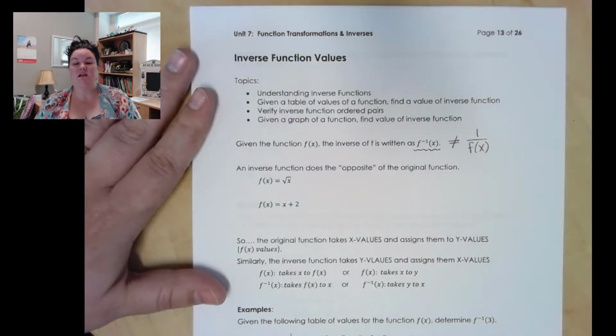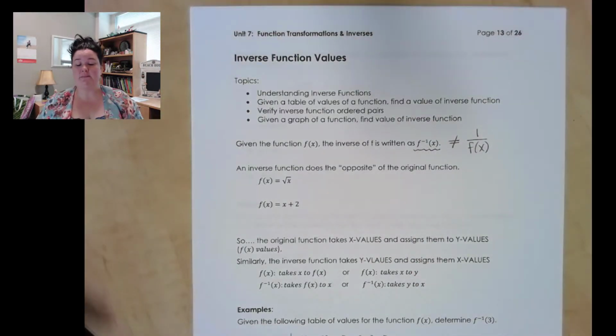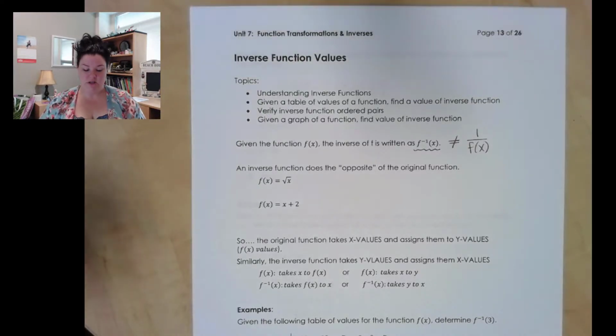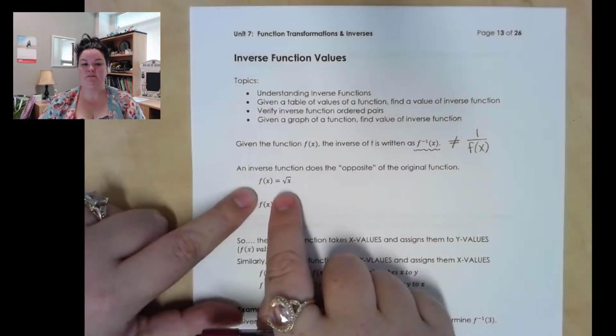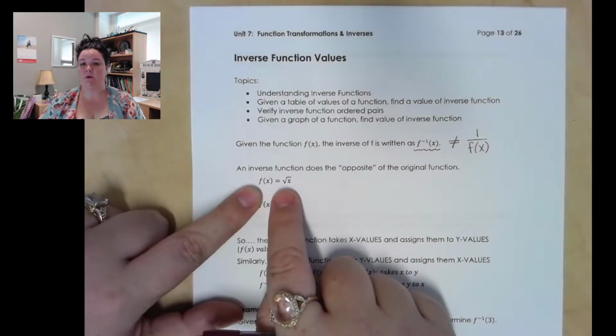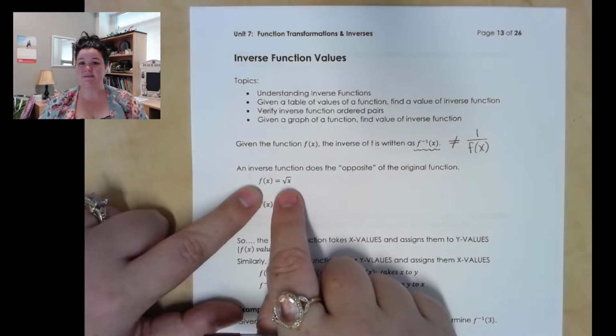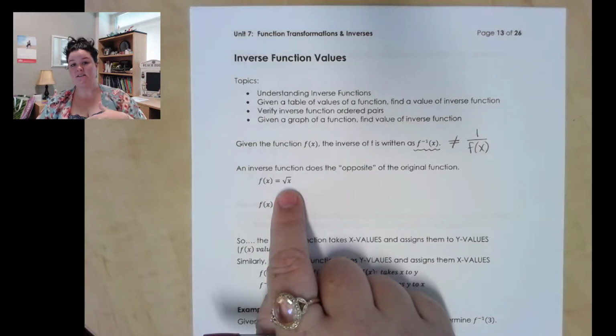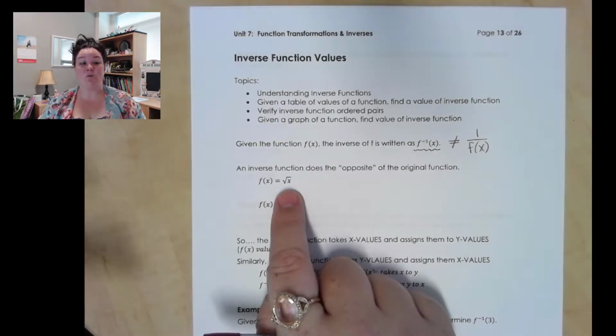All right, so what inverse functions do is they basically do the opposite, or they undo what's being done in that given function. So if I look at this one, f of x is the square root of x. This function takes x and it calculates the square root of it, right? So the opposite operation or function here of taking the square root is to square it.